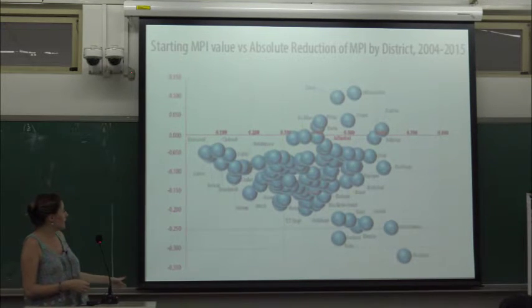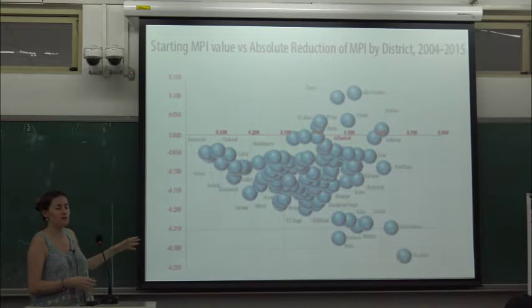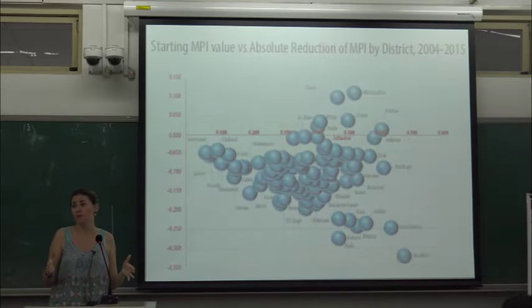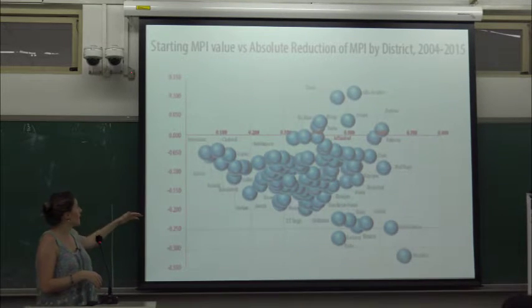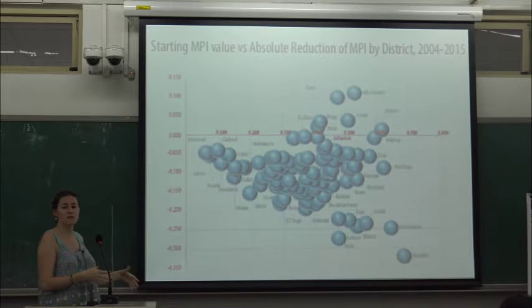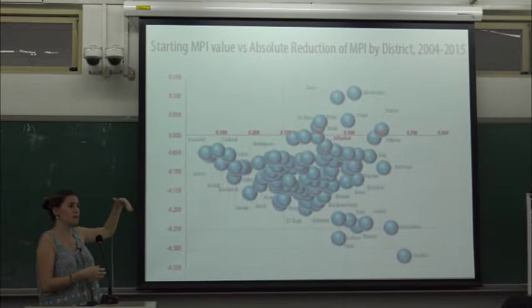And on the vertical axis, we are showing the absolute change in the MPI between 2004 and 2015. So districts that are further down in the graph are the ones that have experienced the largest reductions in the MPI in absolute terms, and those that are above zero are the ones that have shown increases in the values of their MPIs.